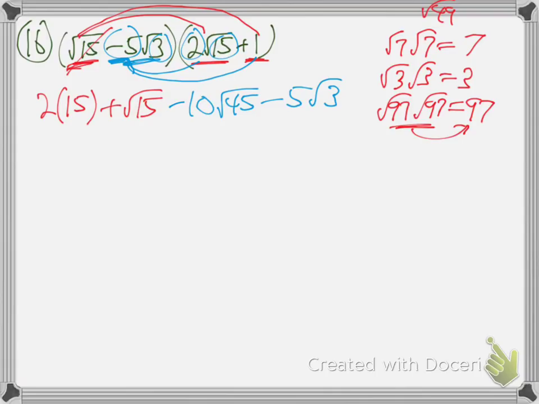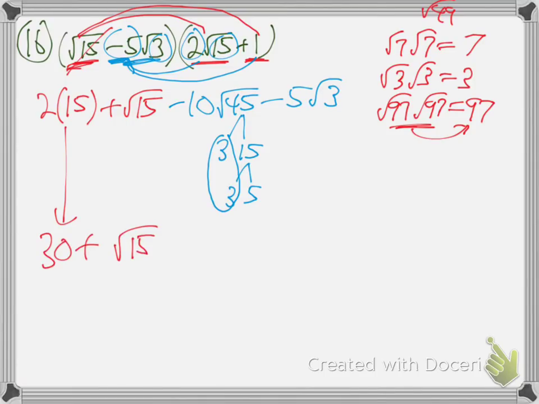Okay, now what do we do from here? Well, this 45 right here, this is 3 times 15, which is 3 times 5. So there's really 2 3's in there, isn't there? So here, let me take it a little slower. Bring this down. 2 times 15 is 30. Root 15 minus 10. Now the root of 45 is 3 3 5s.